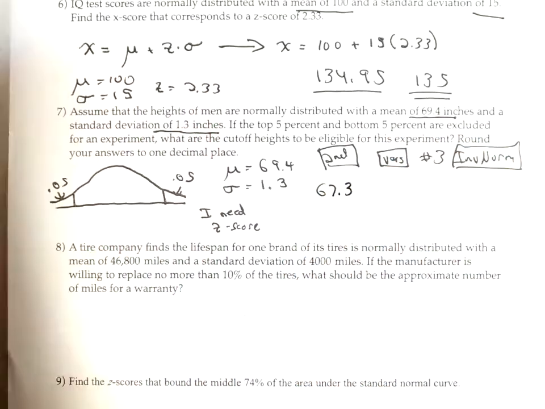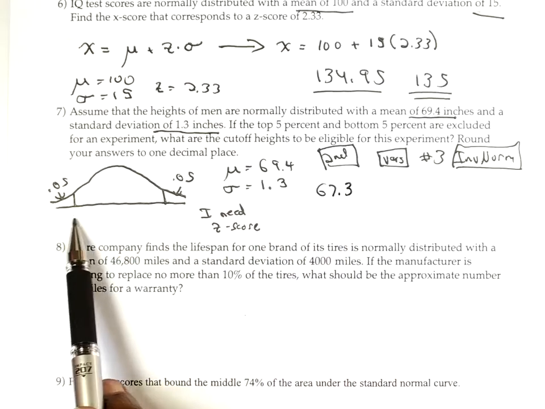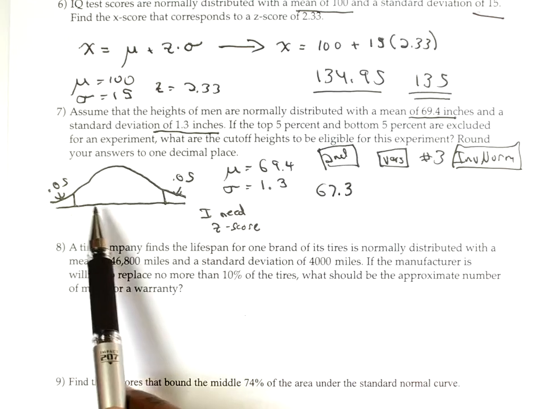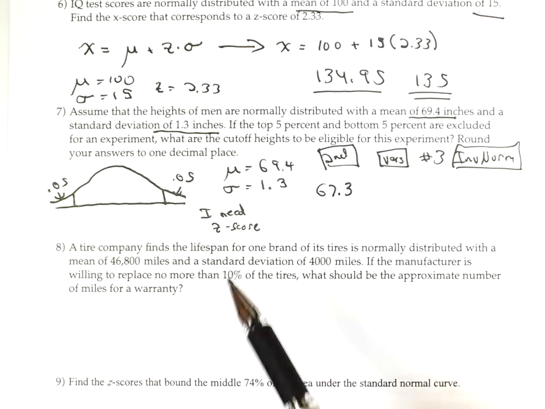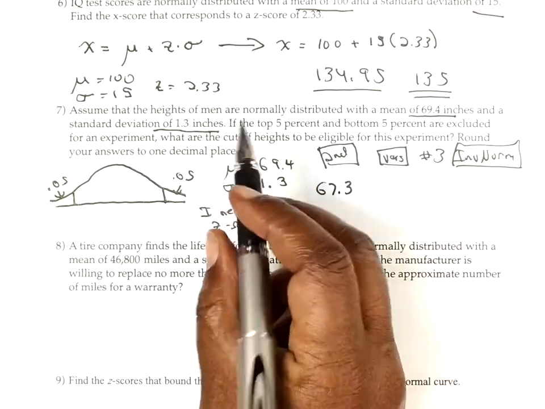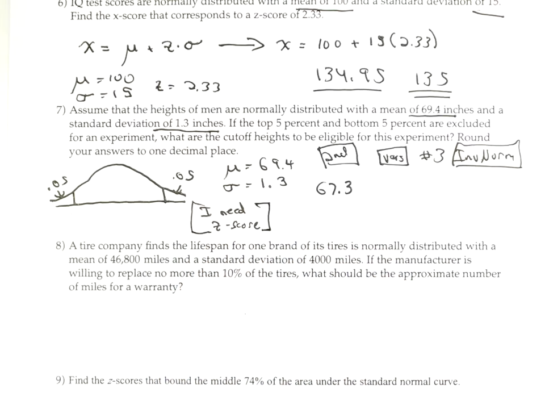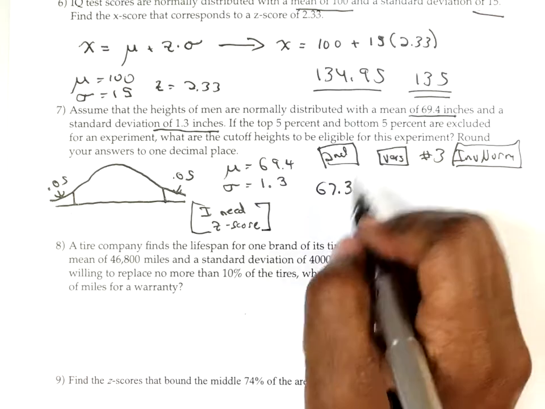So what I found was the X that's actually associated with the Z score. I could actually find the Z score and plug it all back in, but I really didn't need to know it because I needed the X value anyways. So when I think about it, I'm thinking about finding Z scores, but really I'm finding the X value.